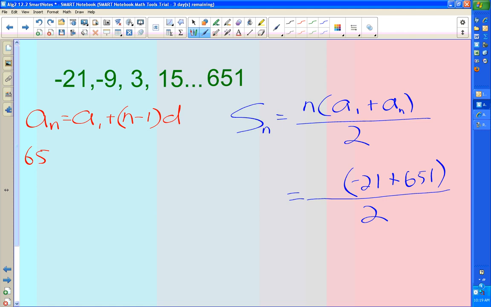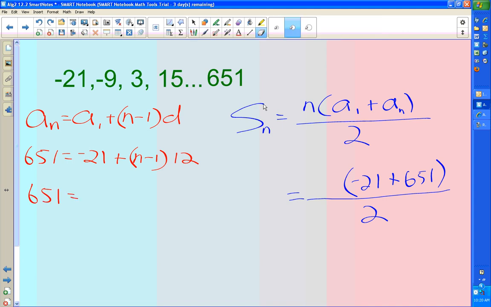651 equals negative 21 plus n minus 1 times 12. So we did this earlier. Oops. When I add 21, I get 672, not 673. This is a Monday.